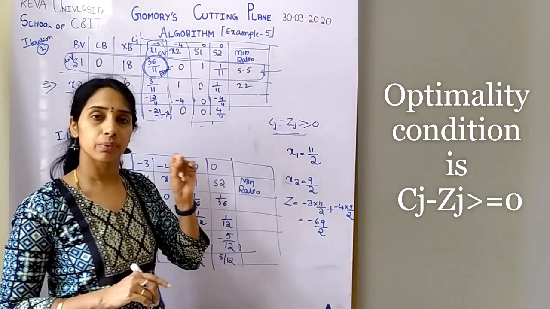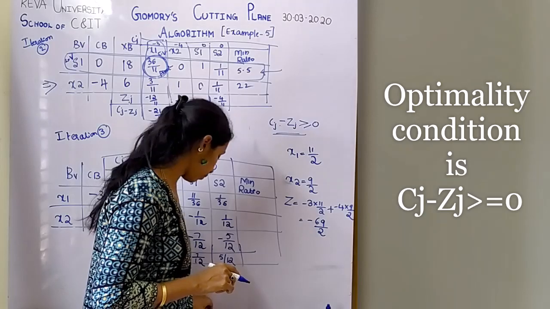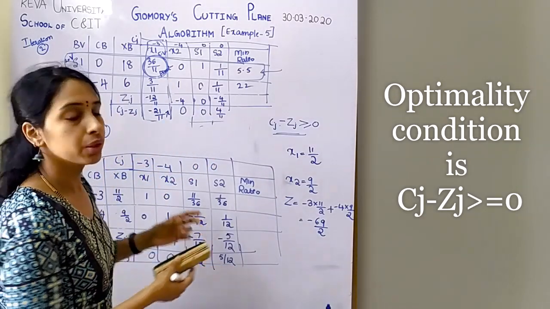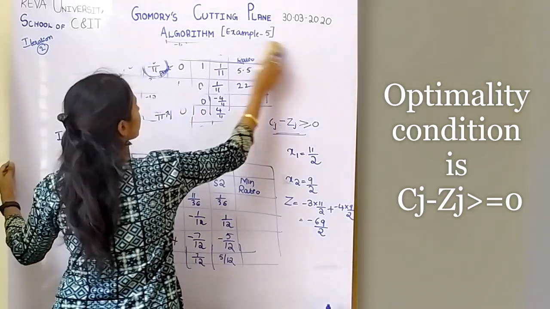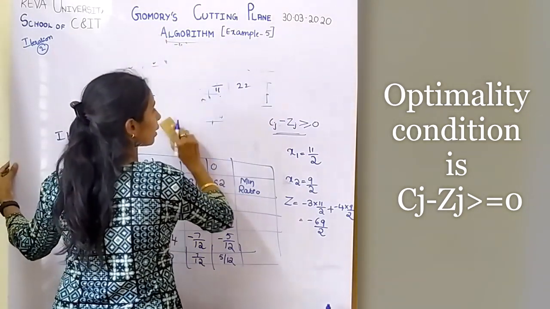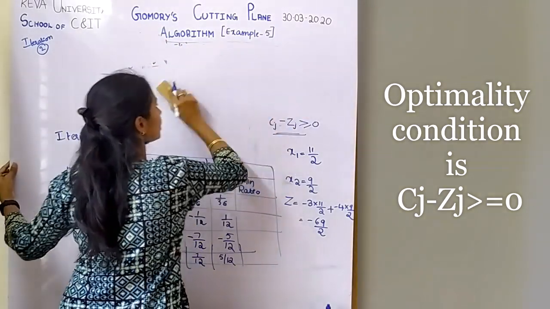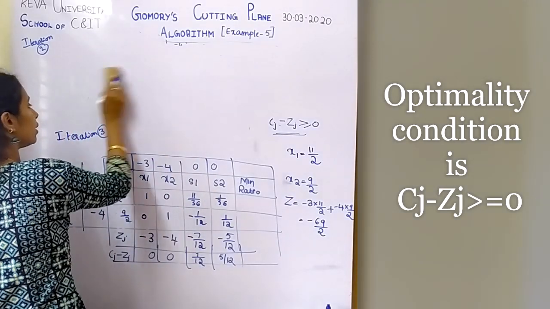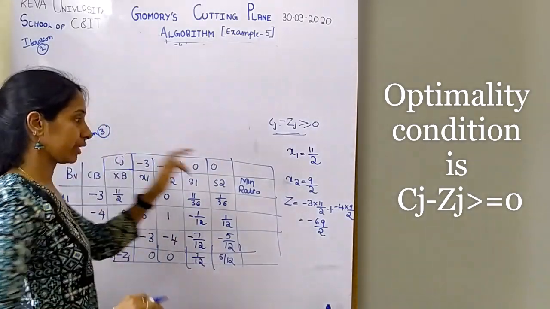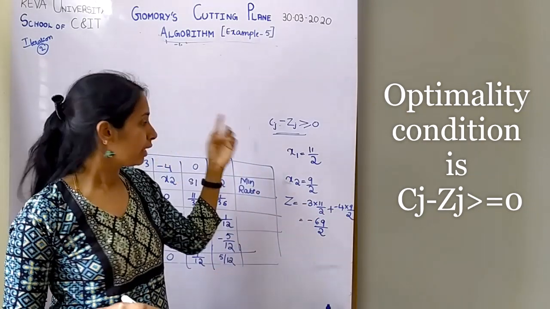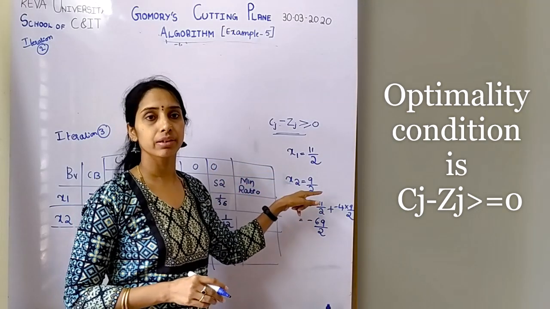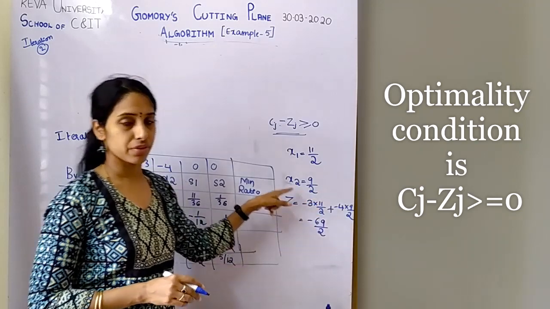So to select whether to select x1 or x2, we have to use the formula. So what is the formula? The formula says that the fractional part of x1 and the fractional part of x2, whichever is greater, you consider that as a value for generating the GOMORY'S cut algorithm constraints.